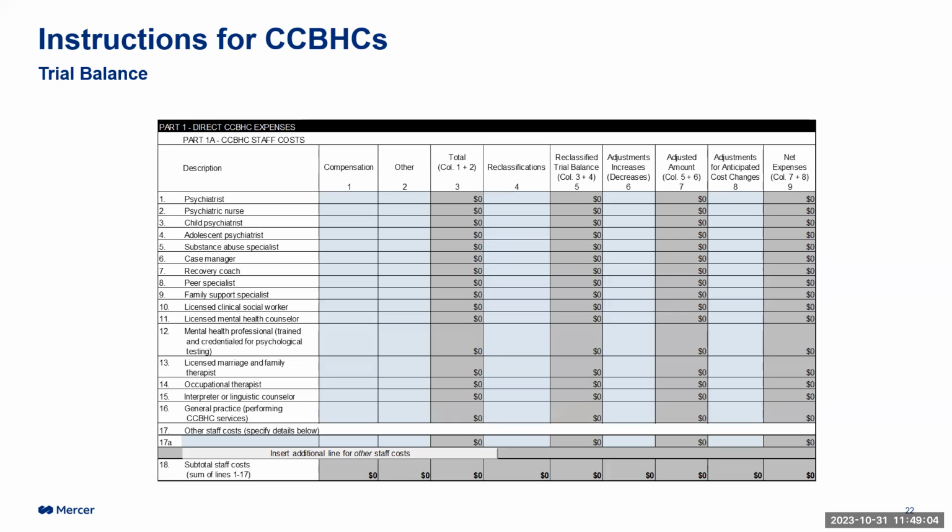So this whole column is really moving items around. The total of reclassifications should equal 0. That is going to be a critical check because there is a reclassifications tab, but that tab does not automatically roll forward to the trial balance tab.